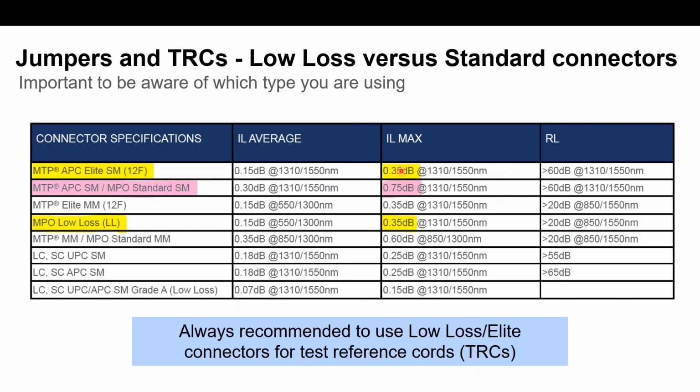A lot of times when you reference out the units, you want to get them to 0.7 dB or less. Well, if one of your connectors is up around 0.73 or 0.74, you're never going to be able to reference that equipment because you're already outside of your loss budget. So just keep that in mind. This applies to the MPO connectors themselves. Again, there's a low loss version and then there's a standard version.